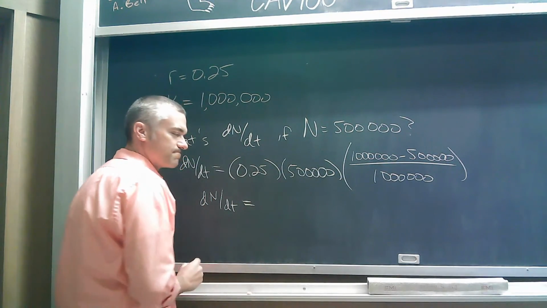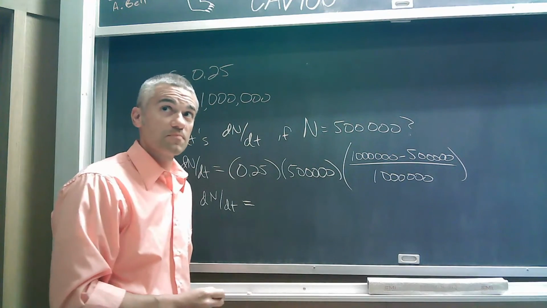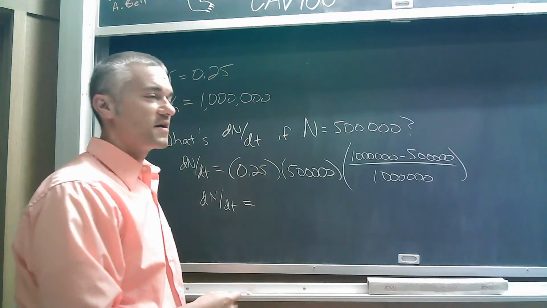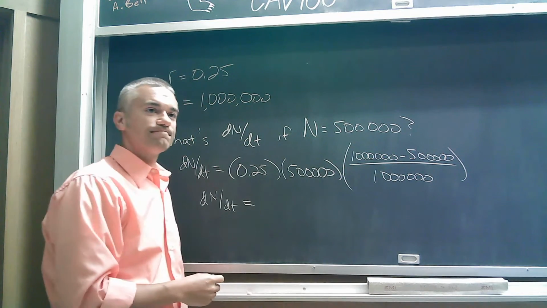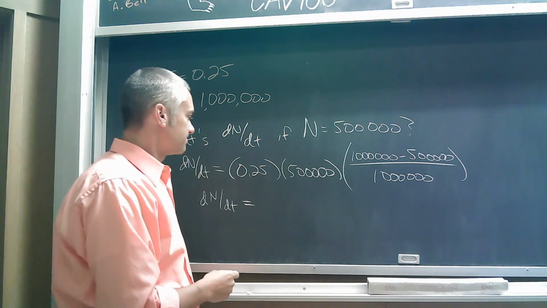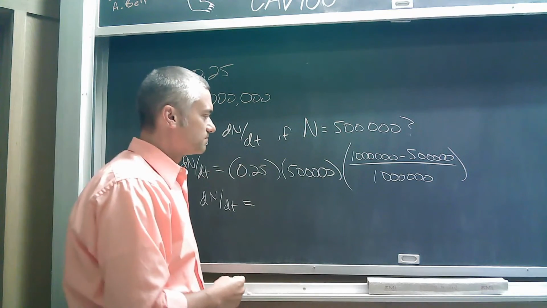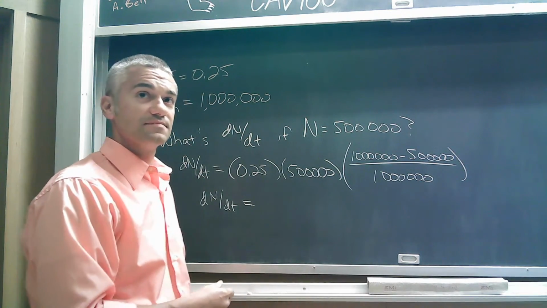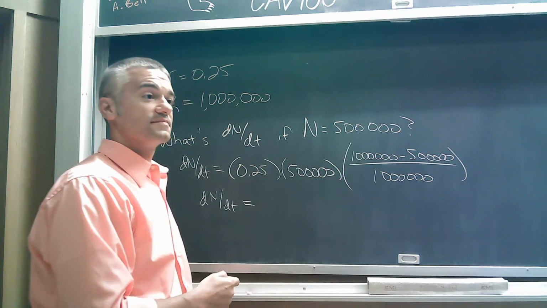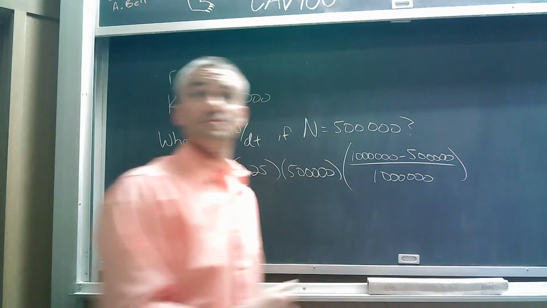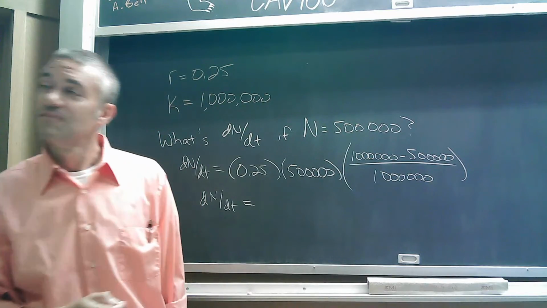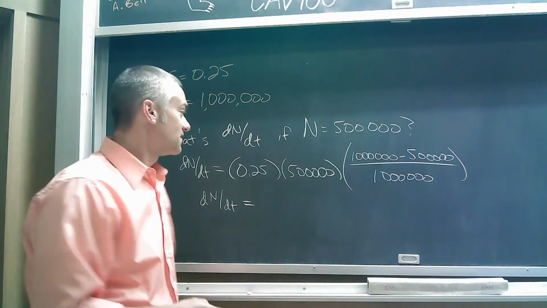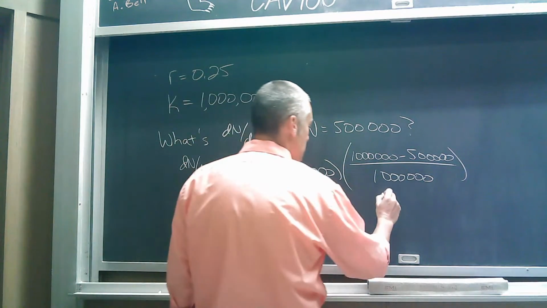What do we get? Pull out the calculator and work it out. What's that? 0.5. For this, right? Yeah. It's 0.5. This part's all 0.5.